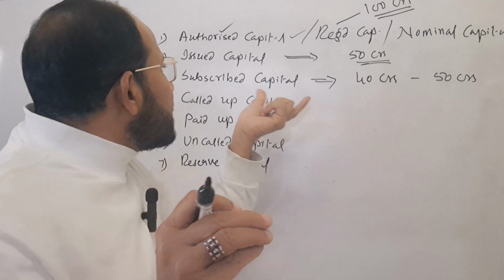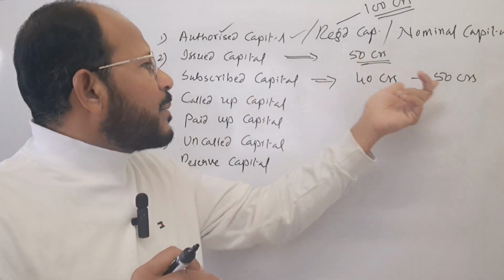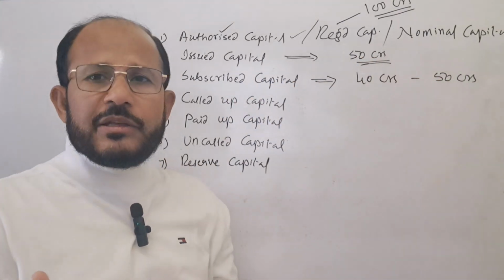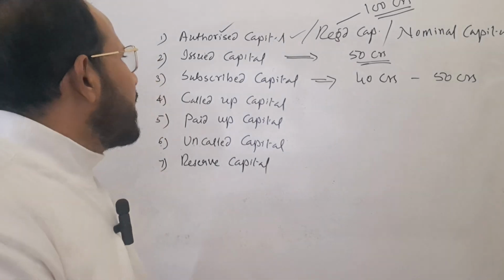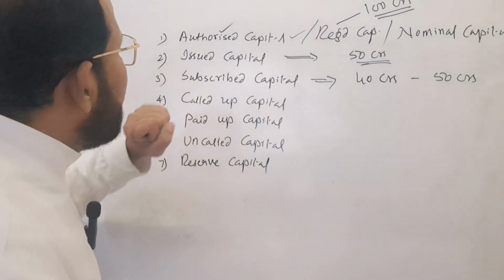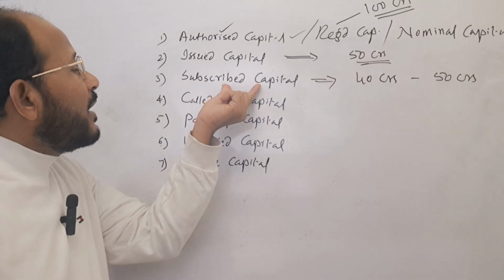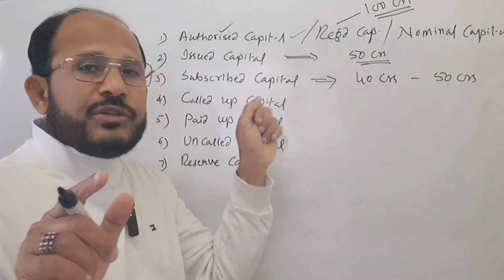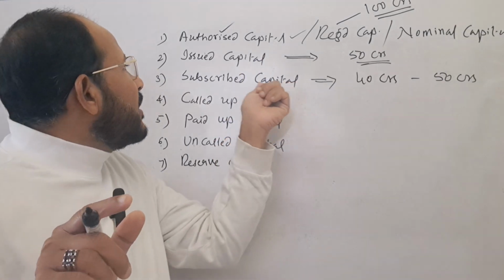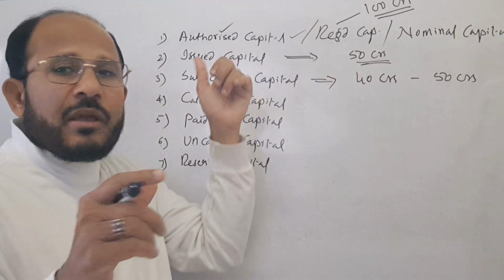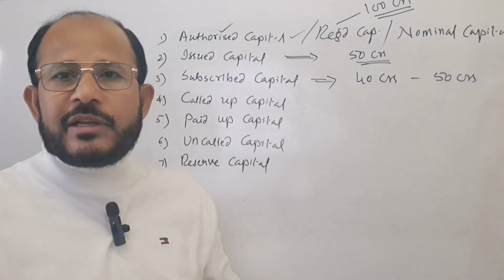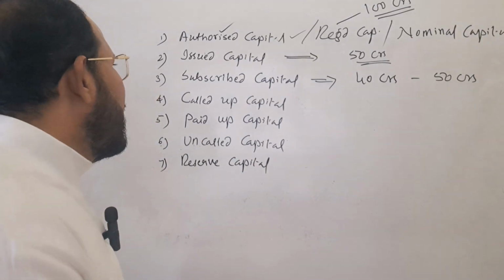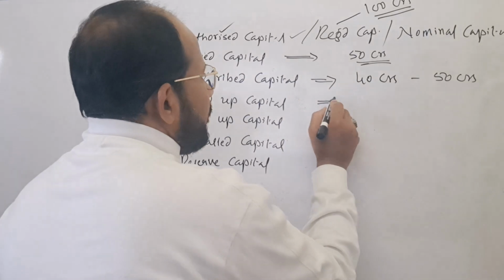This is called subscribed capital. Sometimes the subscribed capital may be equal to the issued capital. Try to understand this one. In this way, subscribed capital is a part of issued capital, or sometimes it may be equal to the issued capital if all the shares are subscribed by the public. Next one is called up capital.